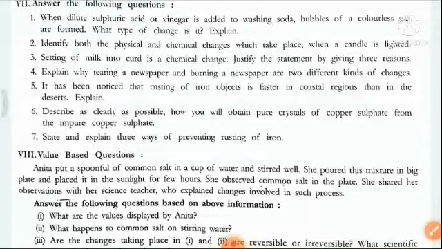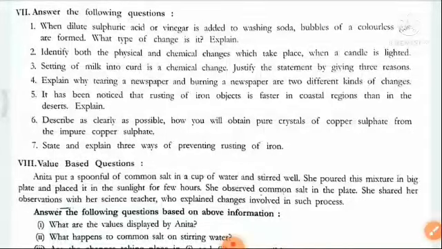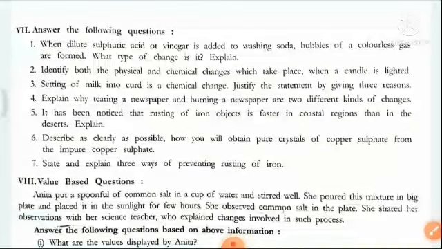And what is the chemical change? When we burn or light the candle, you will also see that some black-colored smoke is generated. The smoke is generated because something is burning. So the candle is burning, and the burning is a chemical change.